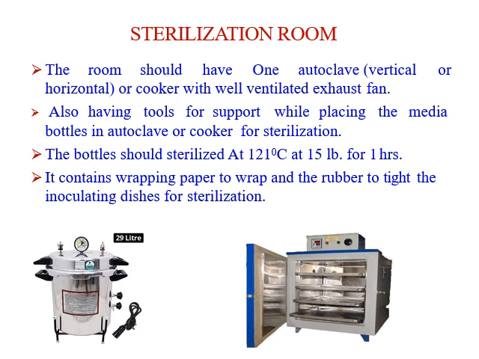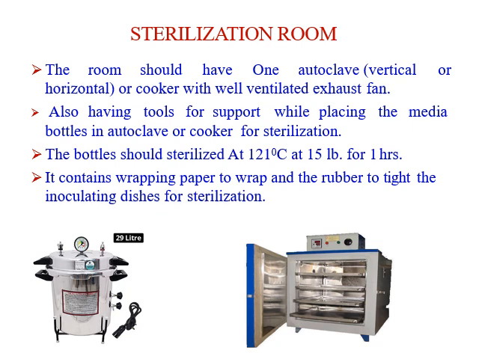And in the sterilization room, there should be one autoclave. It may be vertical or horizontal, or a cooker with a well ventilated exhaust fan. Also having the tools for supporting while placing the media bottles in the autoclave as well as the cooker for the sterilization process.